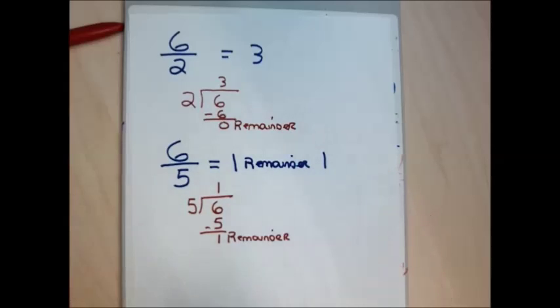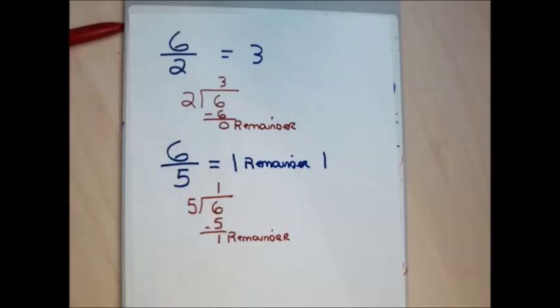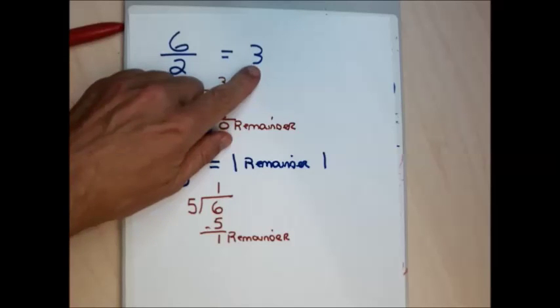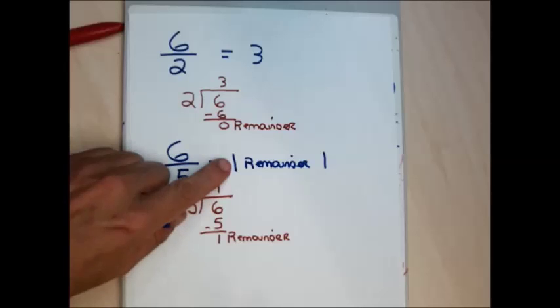So when we do division in this section, in some sense, we're going to be writing our answers as a quotient and a remainder. So 6 divided by 2 is 3 with remainder of 0. I don't need to write the remainder. 6 divided by 5 is 1 with the remainder of 1.